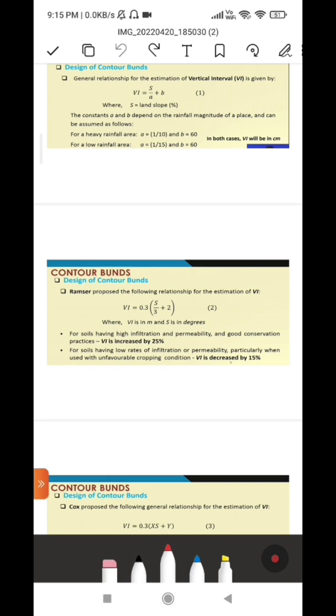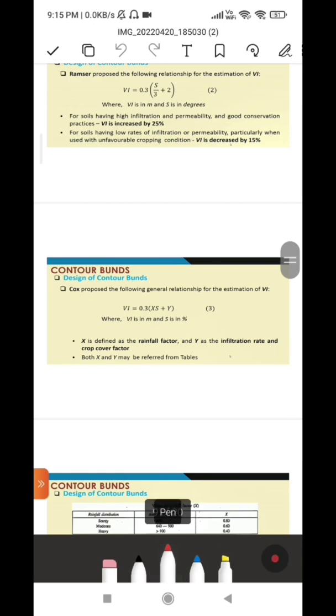For soil having high infiltration rate and permeability and good conservation practices, we will be increasing the vertical interval by 25%. And for soil having low infiltration rate or permeability, particularly when used with unfavorable cropping condition, the vertical interval would be decreased by 15%.